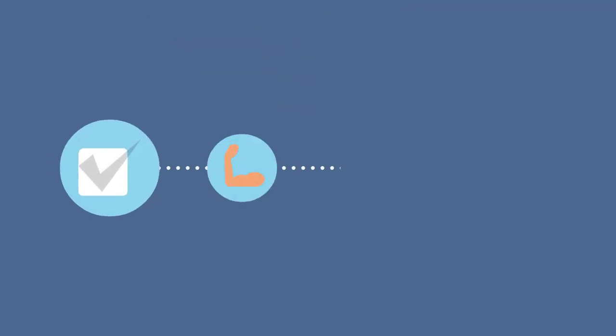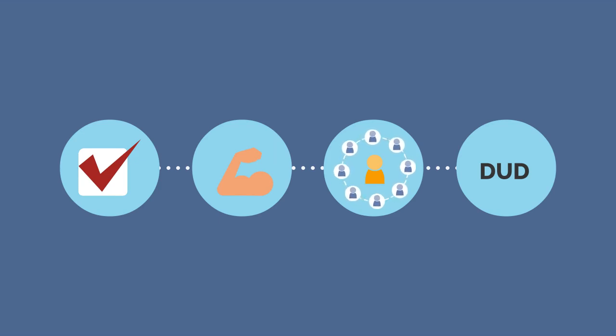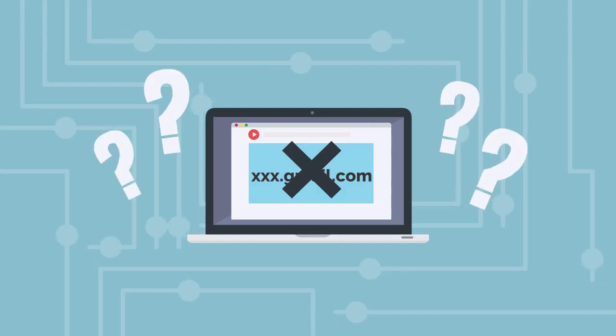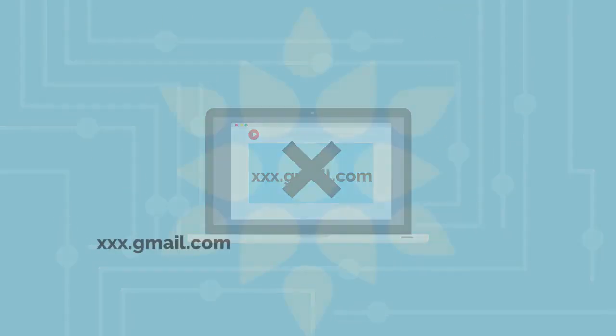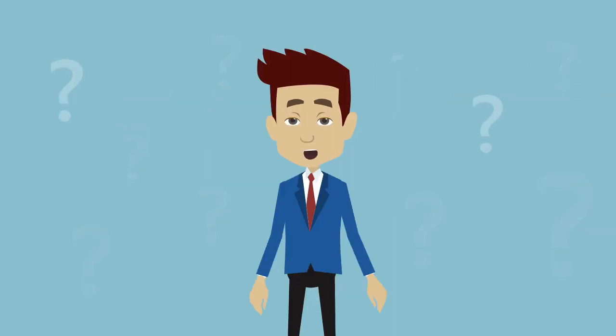The leads acquired are verified, active, and socially engaged, meaning no dud, fake, or incorrect email addresses are collected. Using single sign-on technology, SSO, it only allows social login IDs to filter in onto your lists. And because the software pulls the subscriber's email address from their social login IDs, you can be certain you're harvesting a genuine email address.